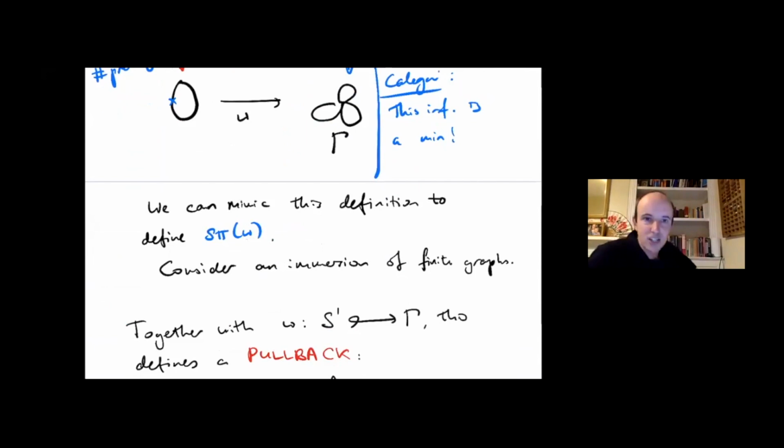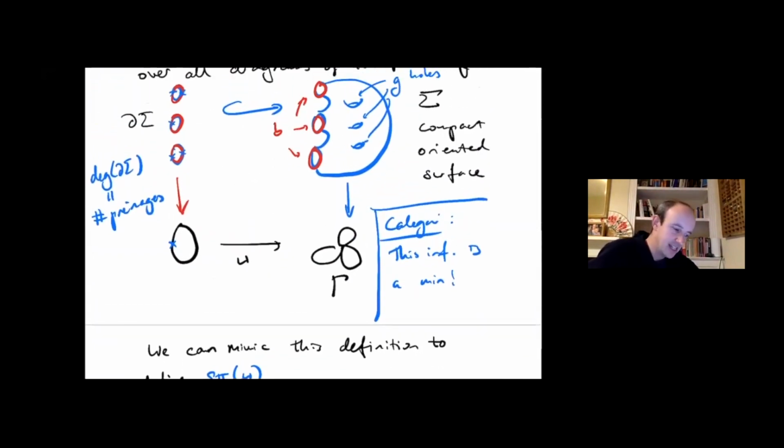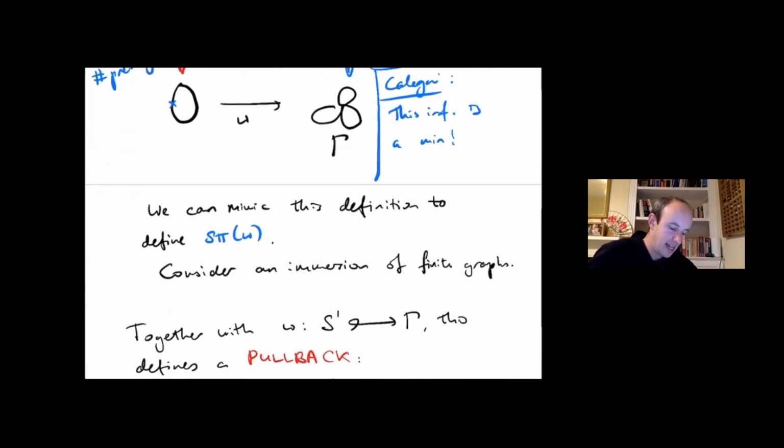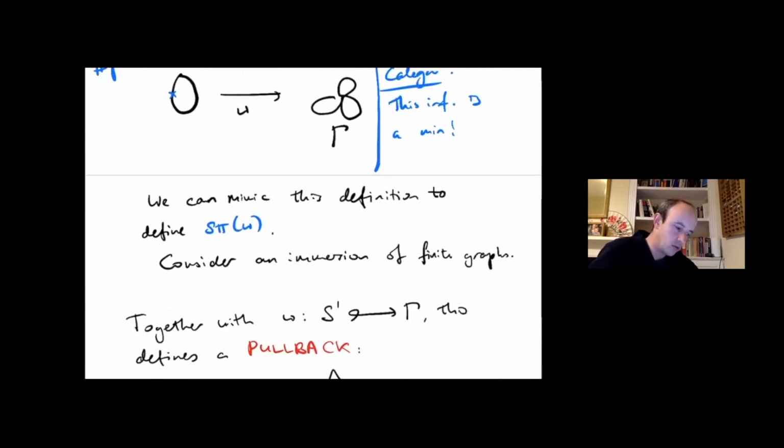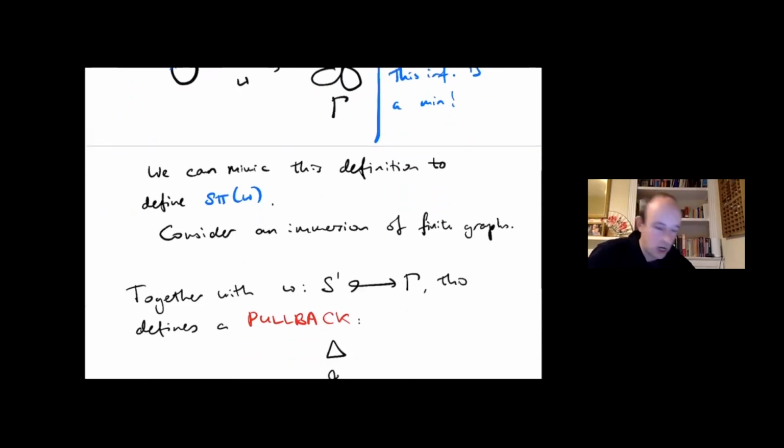So I'm going to get started now. So now instead of our surfaces here, up here we had our surfaces, and you should think of them as kind of filled, nice topological objects, they're manifolds. But instead here, we're going to just think about graphs. So I'm just going to map graphs to graphs.